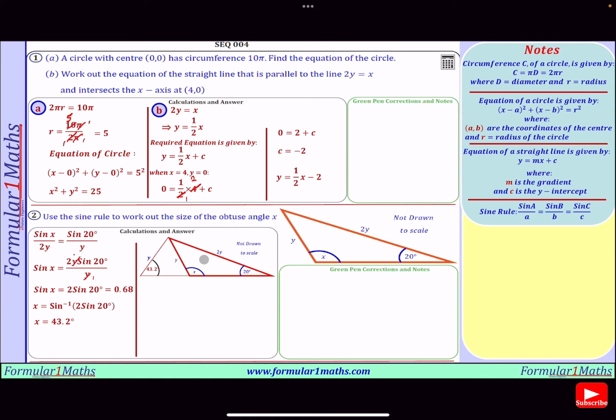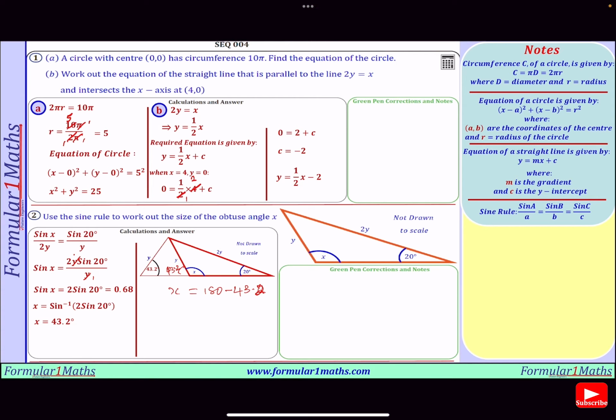So if I put that one in, that'll be 43.2. I can now find this angle, which will be x equals 180 minus 43.2. So that will be the value we are looking for.